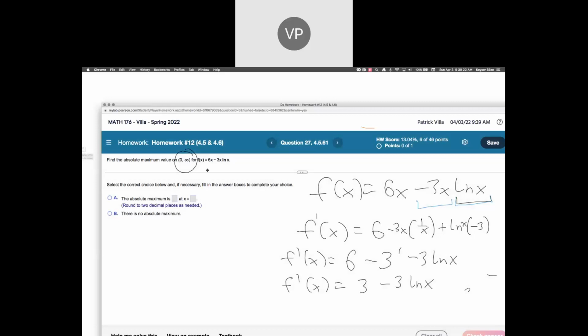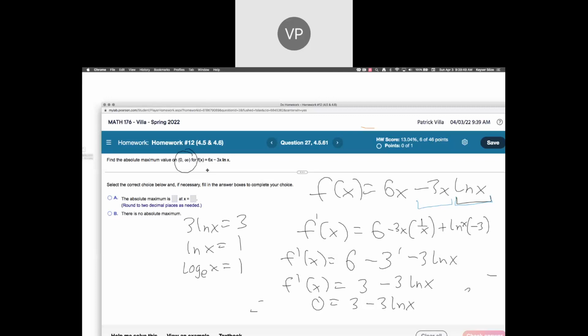All right, now we set this thing equal to 0. And we're going to see what we end up with. Let's move over here. We get 3 natural log of x equals 3. Natural log of x equals 1. And you got to remember, what is it that we're looking for when we get natural log of x equals 1? This is log base e of x.